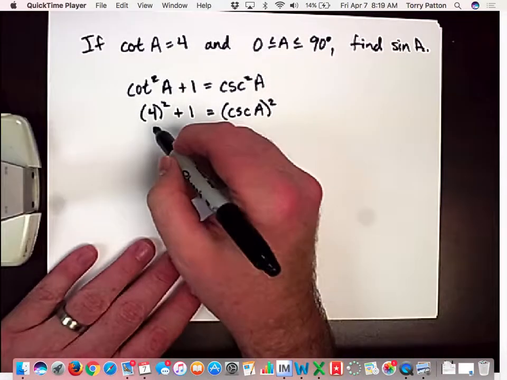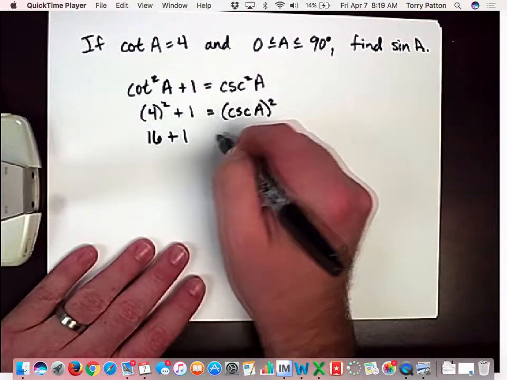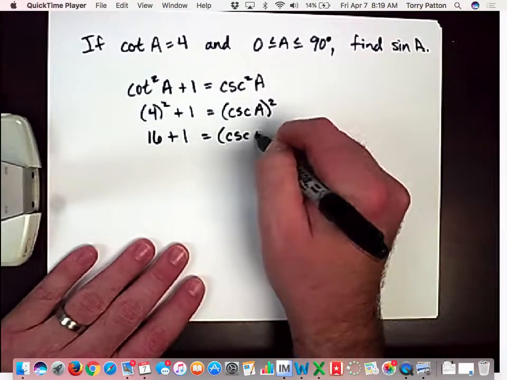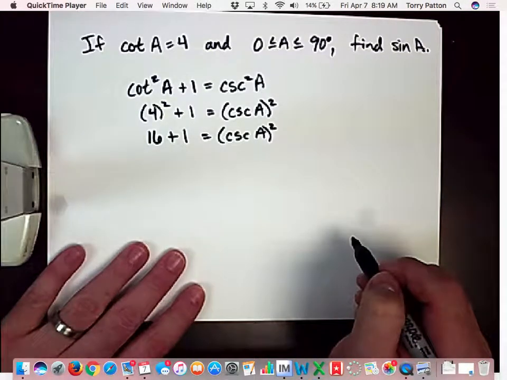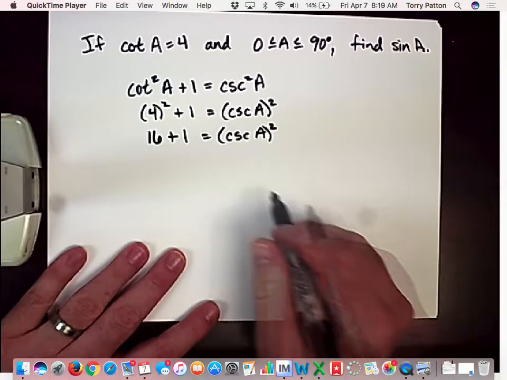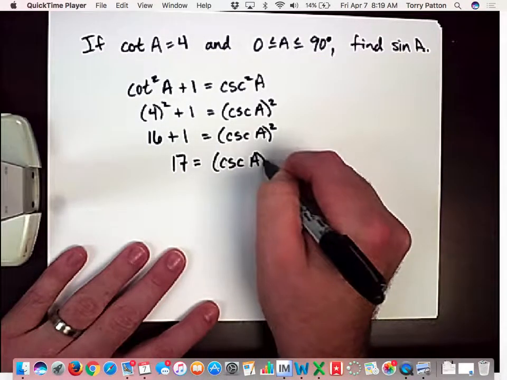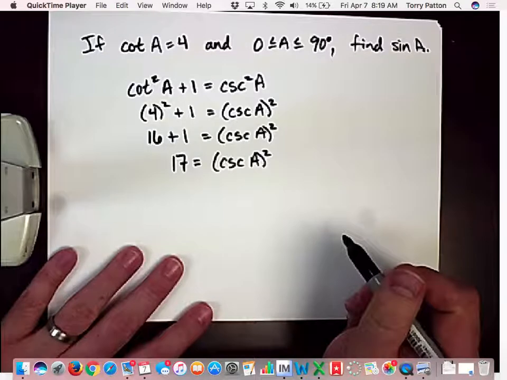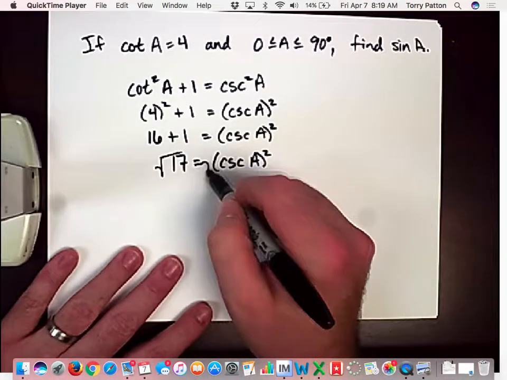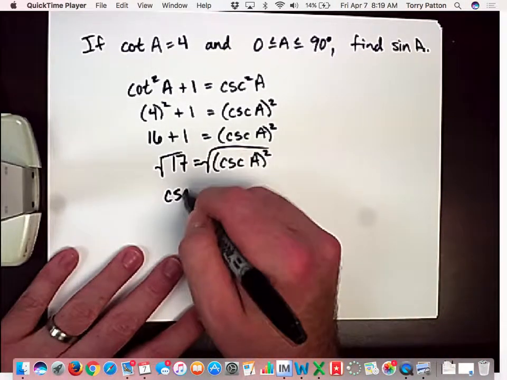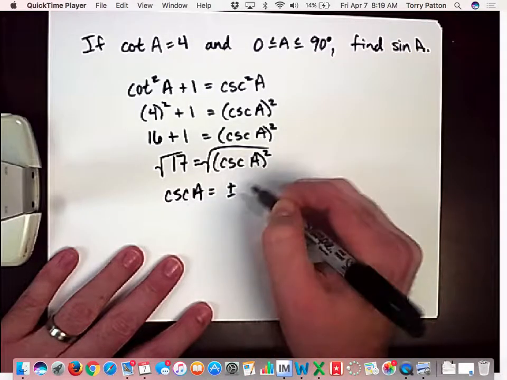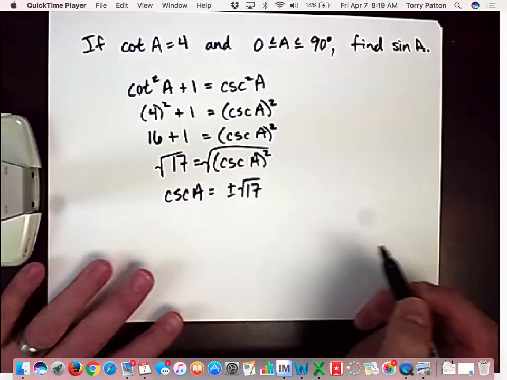So 16 plus 1 is cosecant A squared, so 17 is cosecant A squared, right? If you square root both sides, cosecant A is plus or minus the square root of 17.